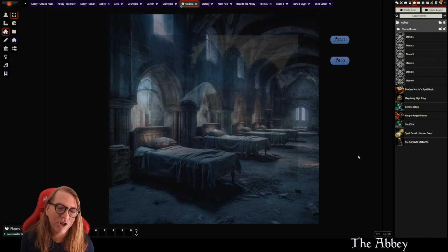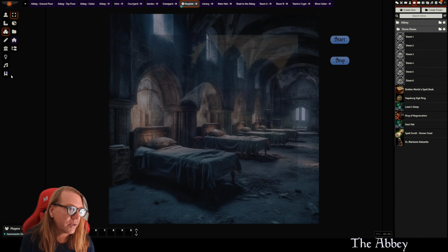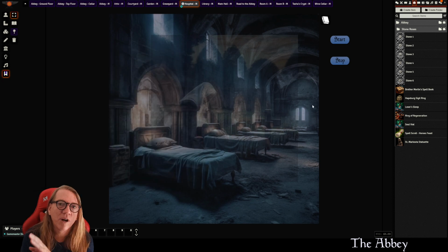But the visualization of this particular scene I thought was really important, and I wanted to incorporate it with Monk's active tile triggers. So when you bring the player tokens into this scene, they're going to see the haunted hospital, the hospital room with all these old beds in it, and you can describe it. There's some text here to describe the scene. But I wanted to do it with Monk's active tile trigger.